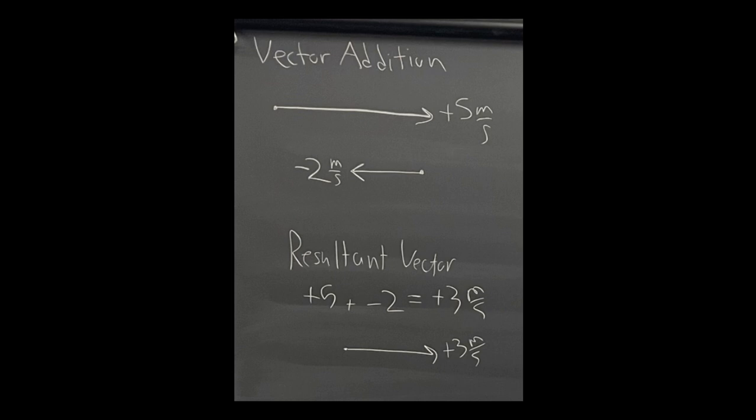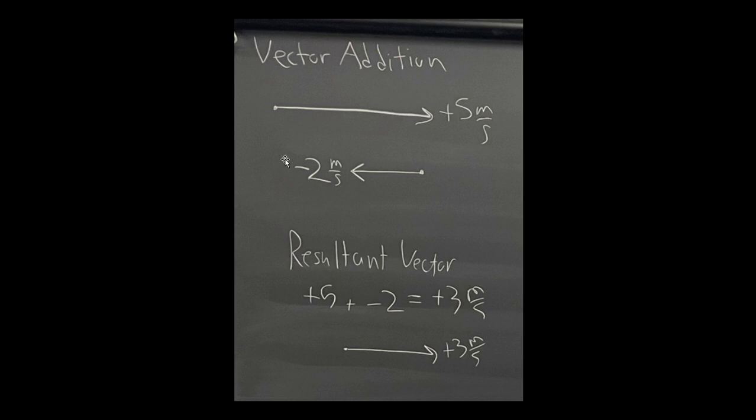For example, if we had a +5 meter per second vector, represented by some long arrow pointed to the right or positive direction, and let's say we had some -2 meter per second vector, which is represented by a shorter arrow due to the lower magnitude of 2, but pointed in the negative direction.